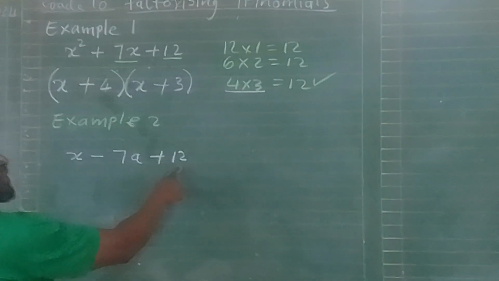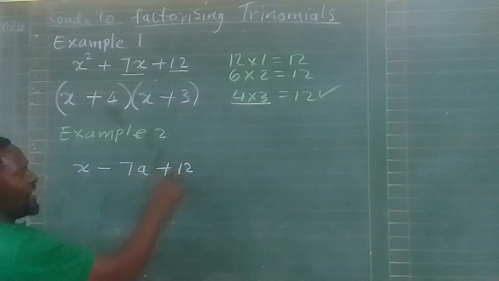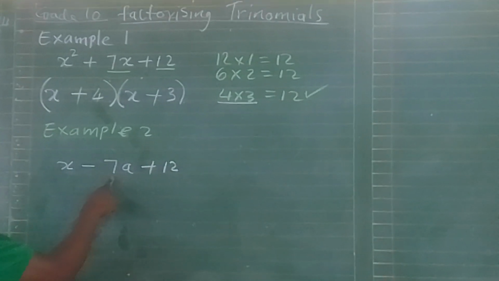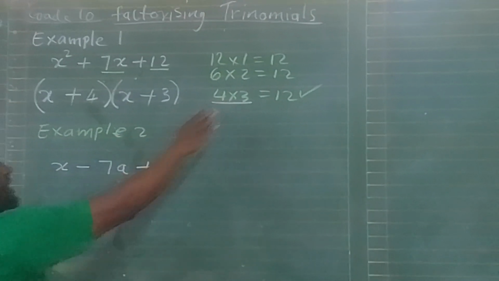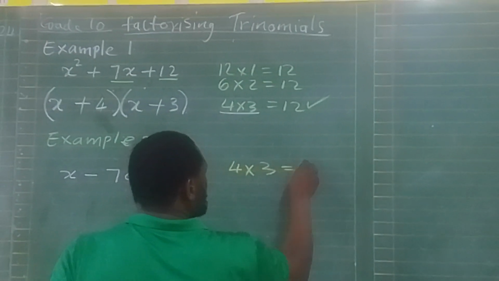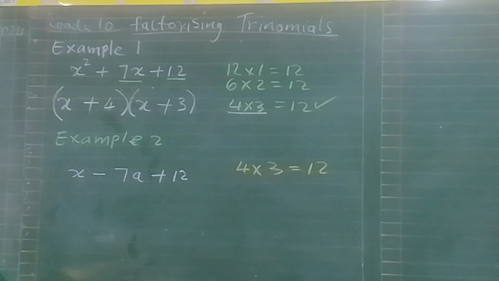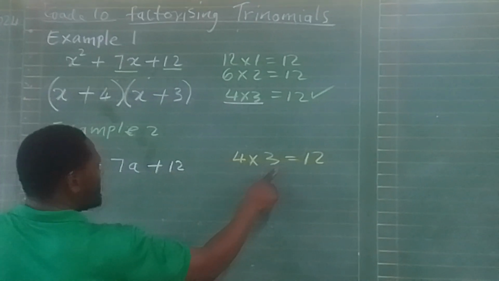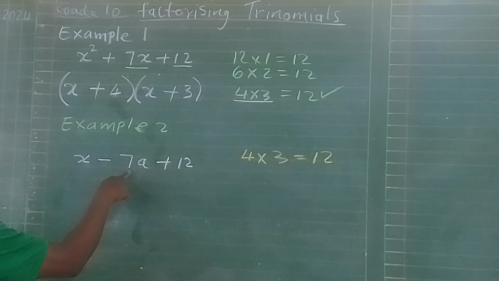What do we do? We start with the constant to find the factors of the constant that are going to give us the middle term. We don't go anywhere else than 4 and 3. 4 times 3 is 12. 4 plus 3 is going to give us a 7.